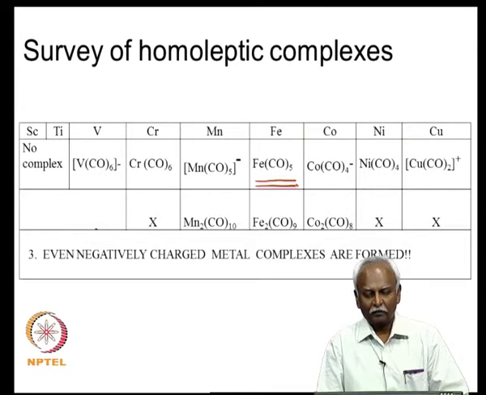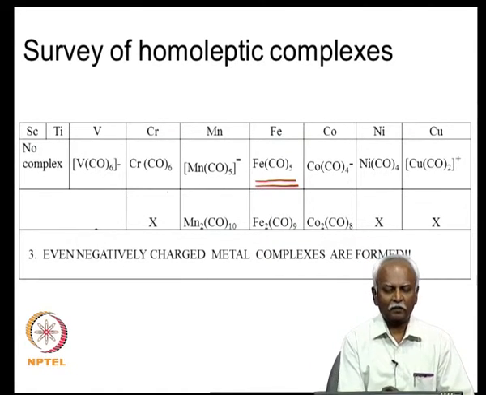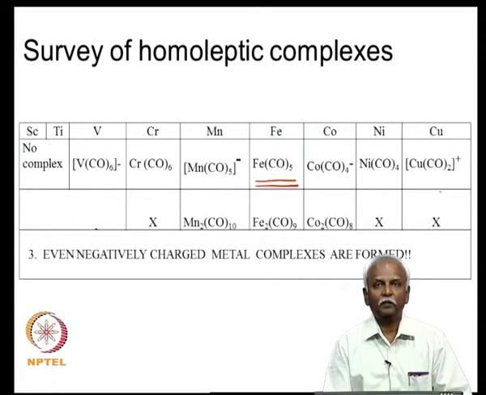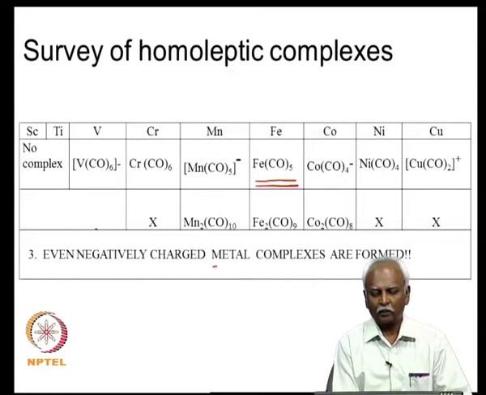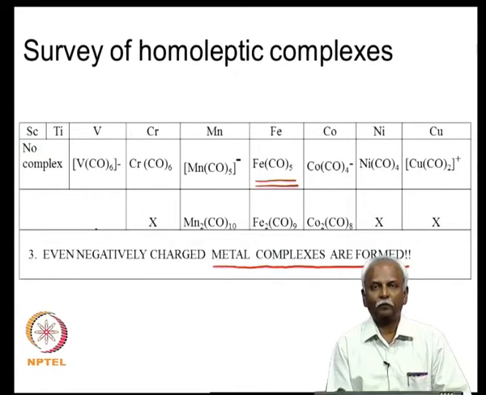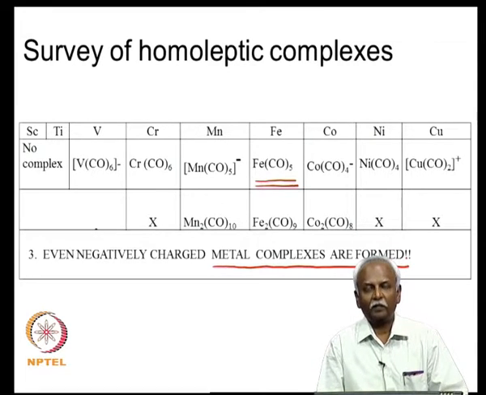So, even considering the fact that you have a series of complexes right from vanadium to copper, which are mononuclear or charged, you find that the dimeric species are mostly in the neutral state, but they can also be generated by reacting them with a very good electron source like sodium amalgam or potassium amalgam. You can inject electrons into these dimeric species and also generate negatively charged systems. So, negatively charged metal complexes are formed in organometallic chemistry, which is very different from Werner's coordination chemistry, where it is very rare.